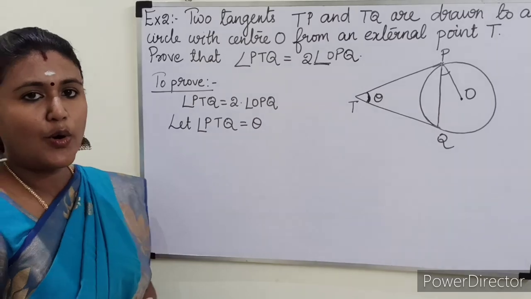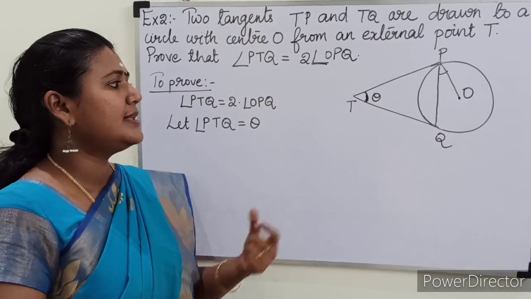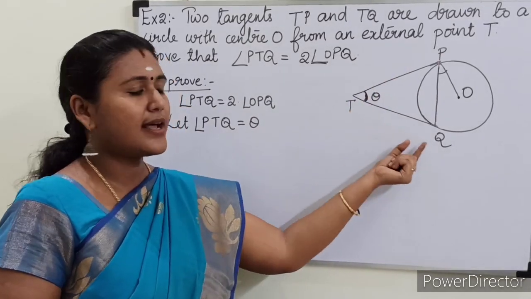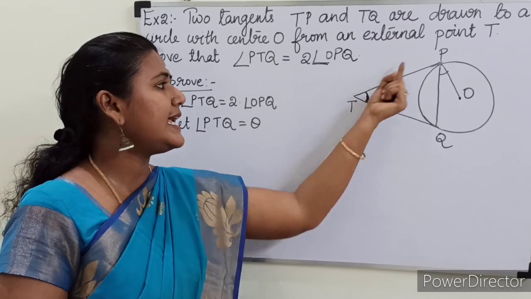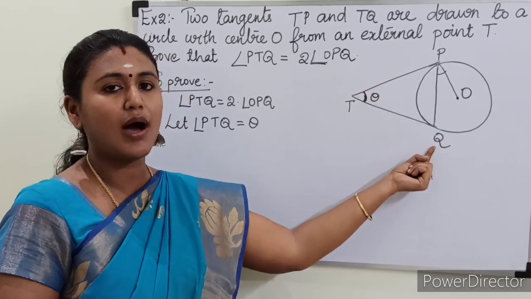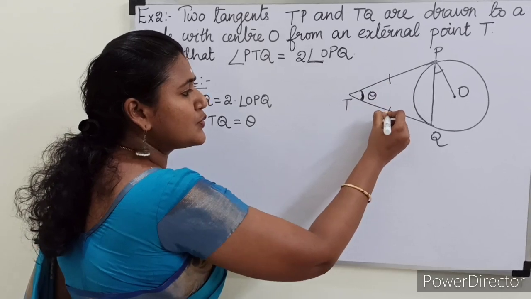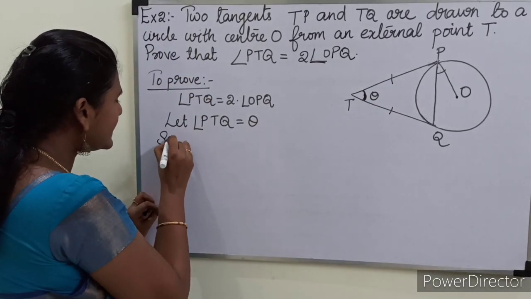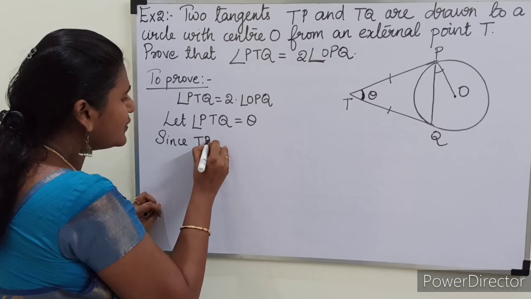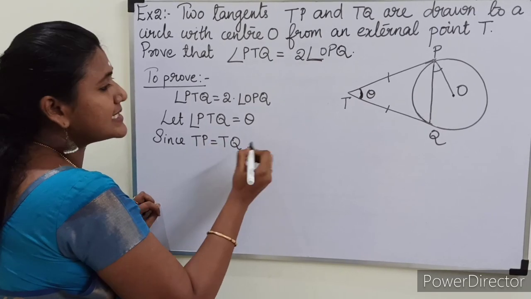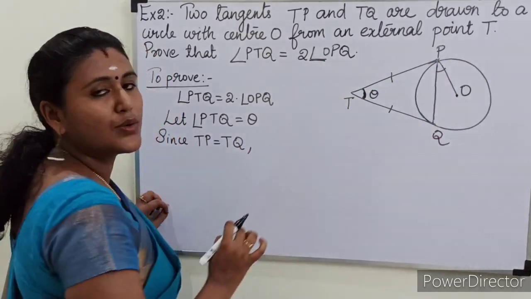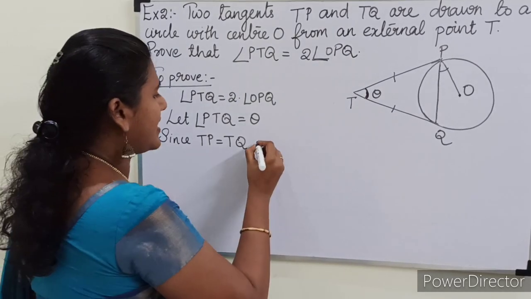Now we have already learned the theorem: the lengths of the tangents are equal. That is, TP and TQ are equal. So these two lengths are equal. Since TP is equal to TQ, triangle TPQ is an isosceles triangle.